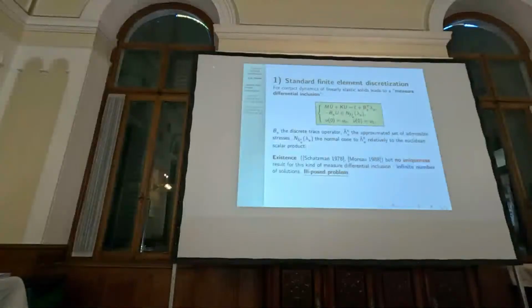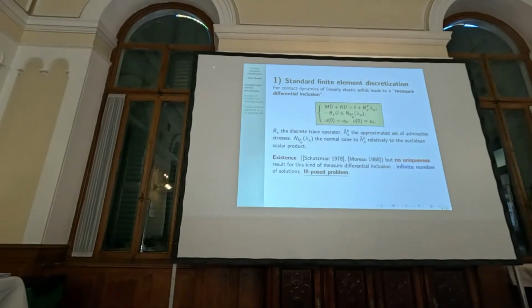So first, when you have an elastic body, a linear elastic body, which comes into contact with a rigid foundation in the dynamic case, with a finite element approximation, it is of course a very classical thing.